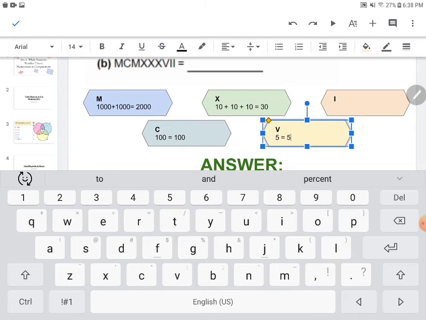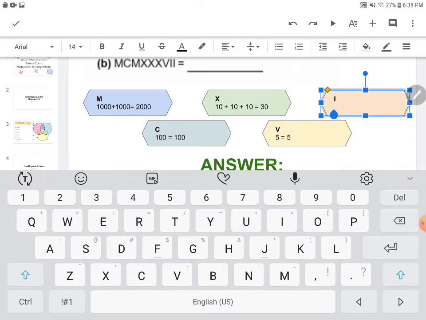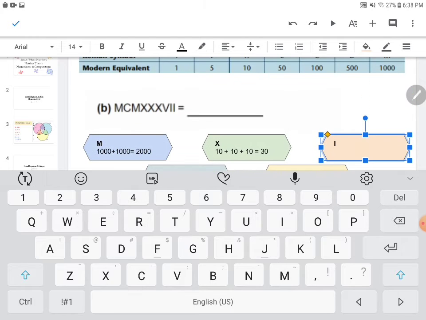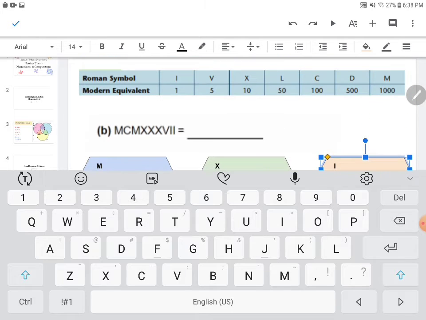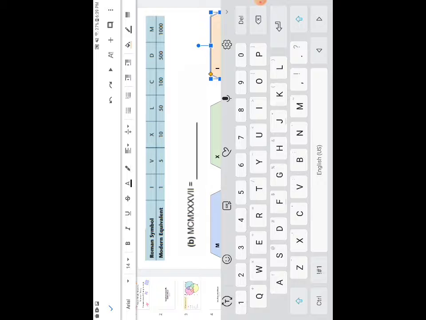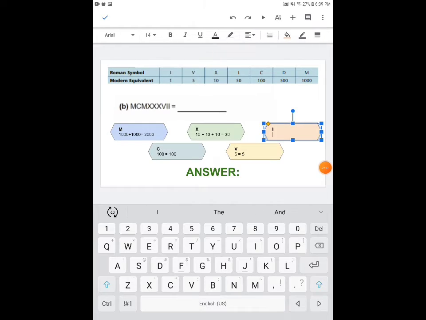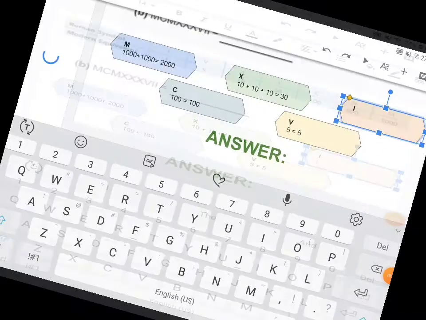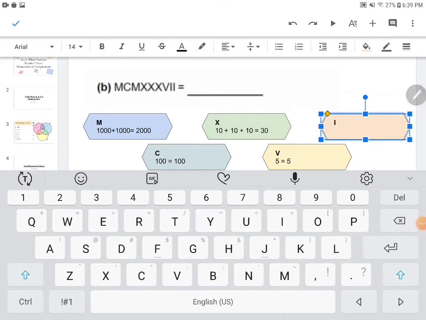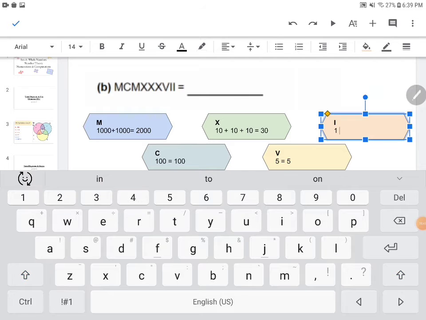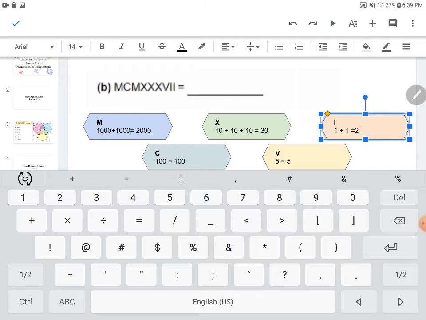We have 5 total points for V. For the last one, we're given an I. We're actually given 2 I's, and if you'll look in the chart, you'll notice that 1 I is going to be equivalent to 1. If we add I, or 1, twice for the total number of I's that we do have, we will notice that our solution for that one is going to be 2.